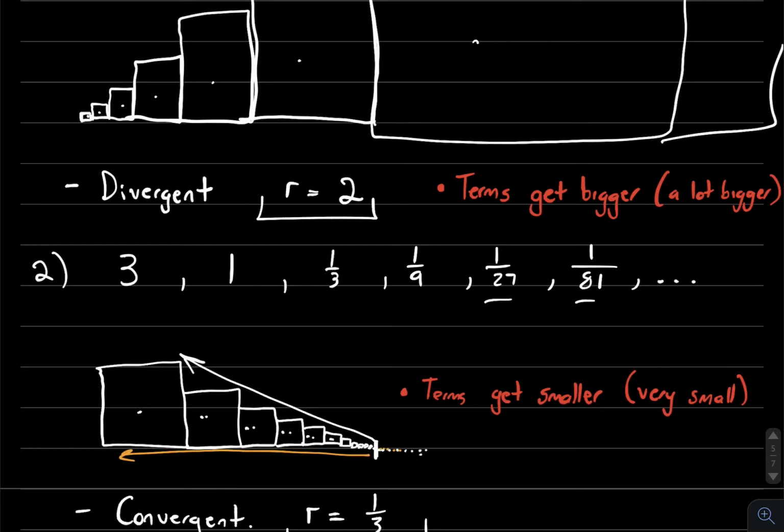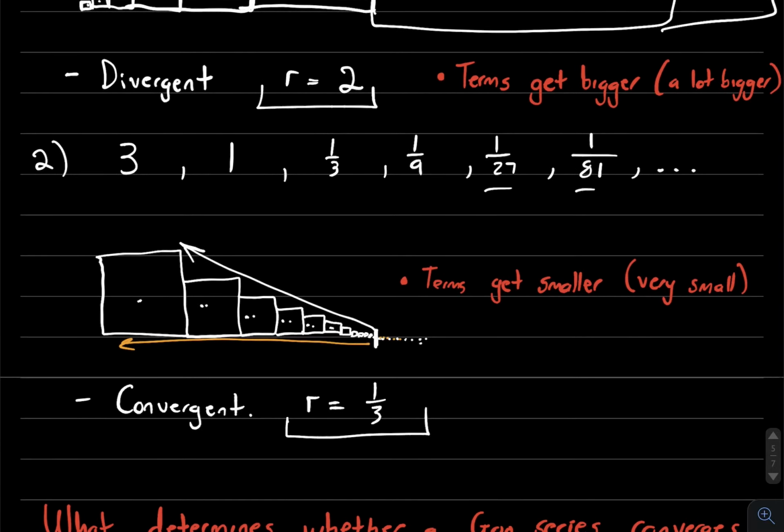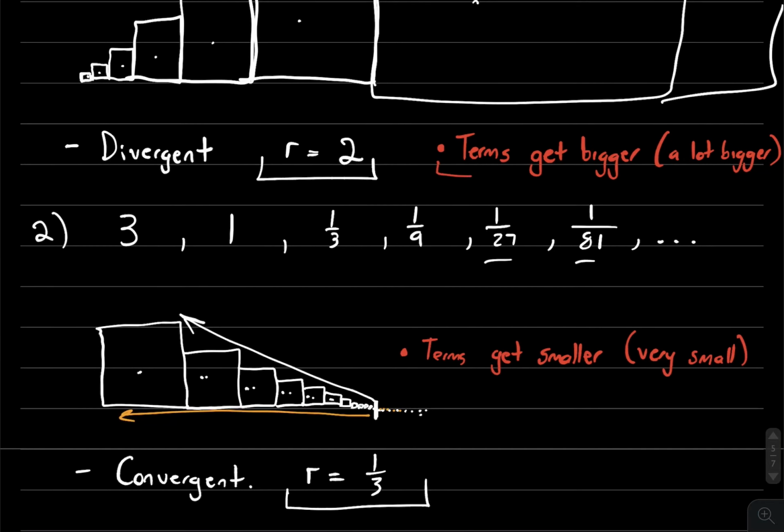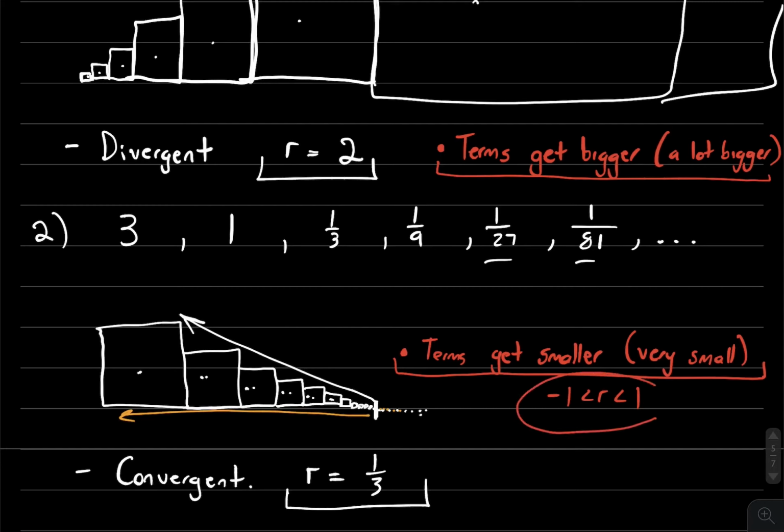Okay, if you forgot what absolute value is, just refer to our previous video. Okay, so the terms in a divergent geometric series get bigger and bigger, and the terms in a convergent geometric series get smaller and smaller. So for them to get smaller and smaller, they need to be in this interval, as we had said before in our previous video.